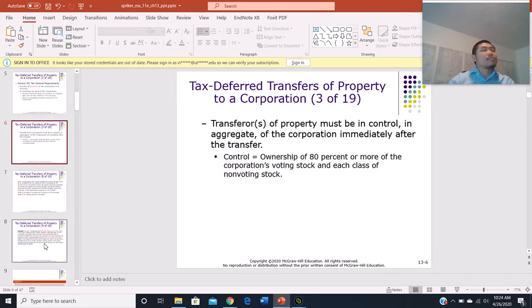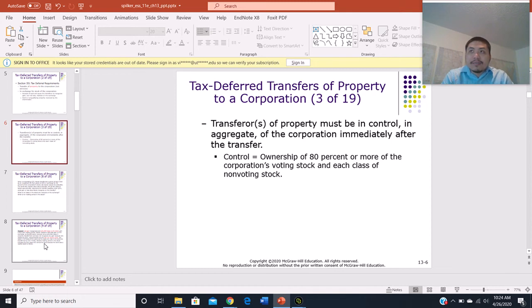All right, so what can be an example? Let's say there are five shareholders. Let's say I am the founder of the corporation, and I invite four other people to join me to form this corporation.